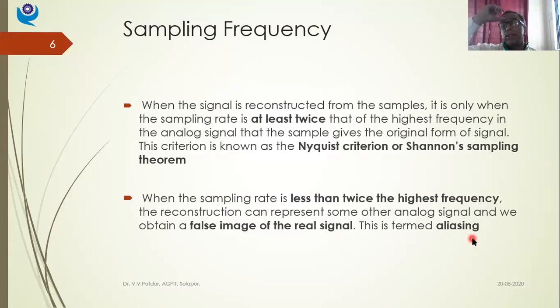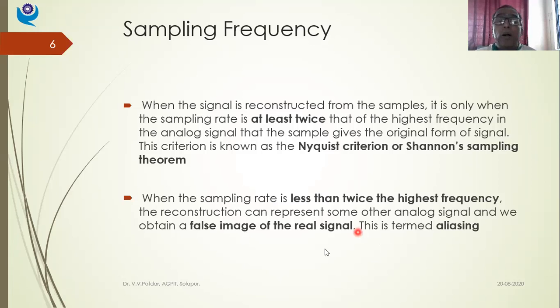Even while learning CAD/CAM you must have learned aliasing and anti-aliasing. If you remember, while using CAD software, any of the solid modeling software, there is one tool, aliasing and anti-aliasing part in 3D graphics. This term you must have heard. So aliasing is falsification of the original signal. So this we need to avoid. So we should select appropriate sampling frequency.